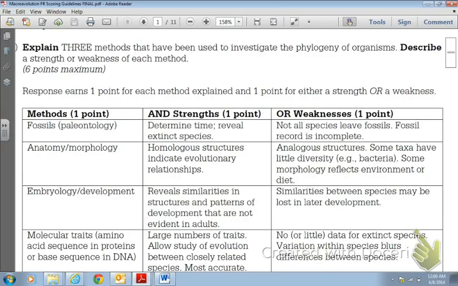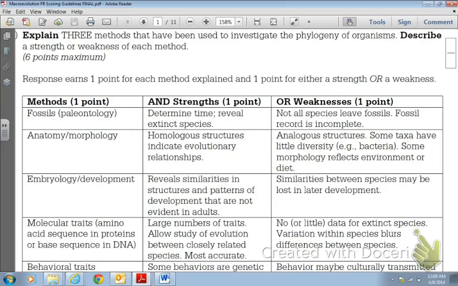Alright, I just misread this. You just do a strength or a weakness. So let's say for fossils, you could just describe the strength, or you could just describe the weakness. So 6 points maximum right here. So pause the video and check these out.